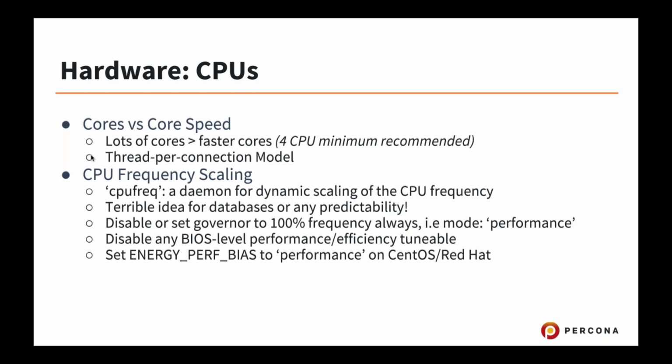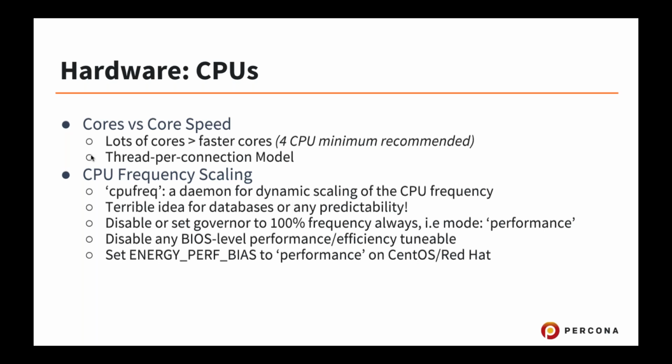It would be nicer to say that we have 3 connections per CPU core than a really fast CPU that has, say, 10 connections. Don't quote me on those numbers exactly, but that's kind of the way you should be thinking.